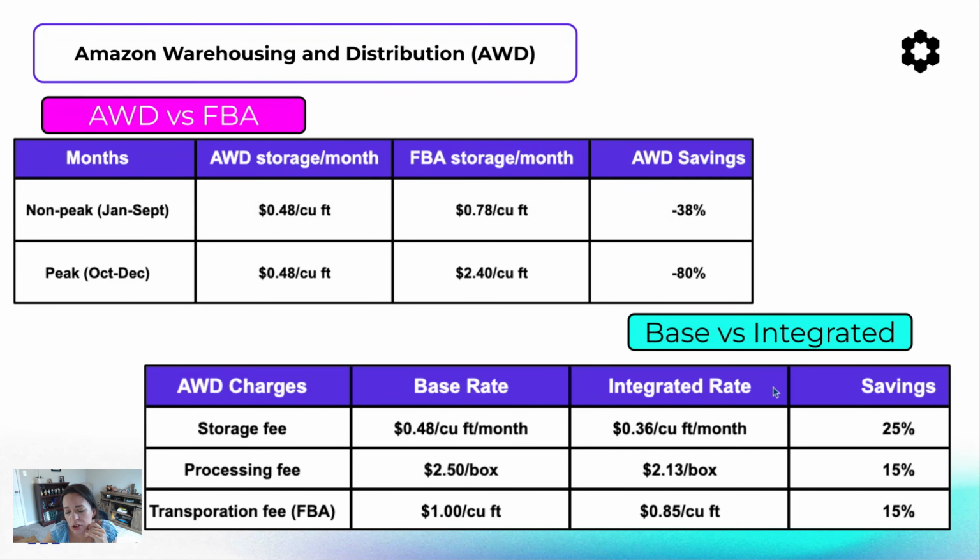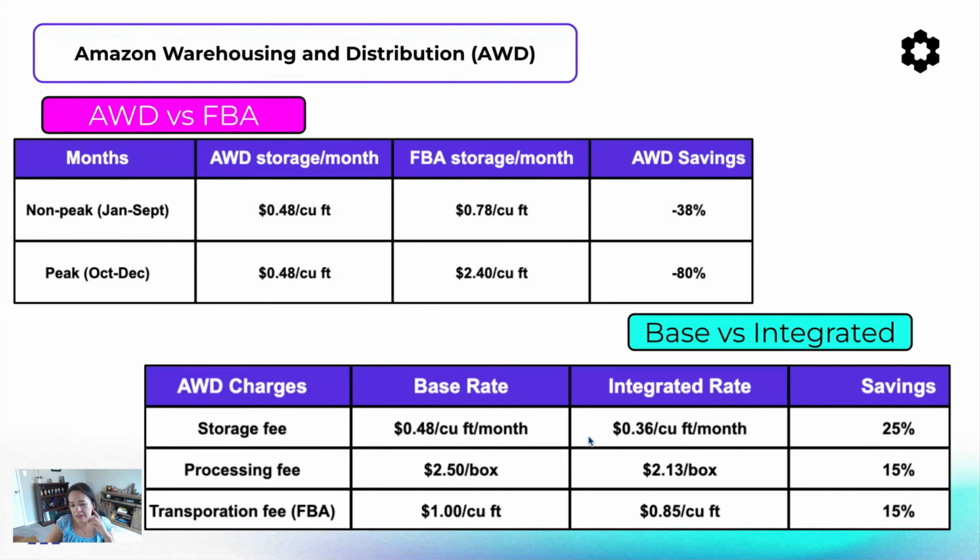And then you have integrated rates, which Amazon has logistics. So they'll ship your product. They have different services, partner carrier, the different services that they have, and they're referred to as supply chain by Amazon. All of those different services, when you're using them to a certain extent based on some rules they have set up, you're going to get reduced rates on all of these.